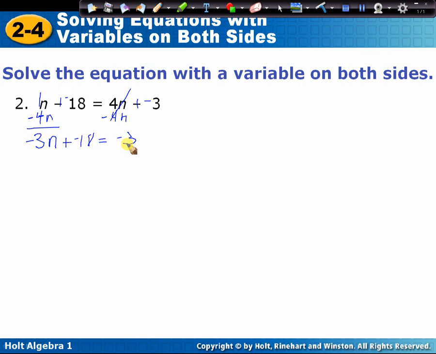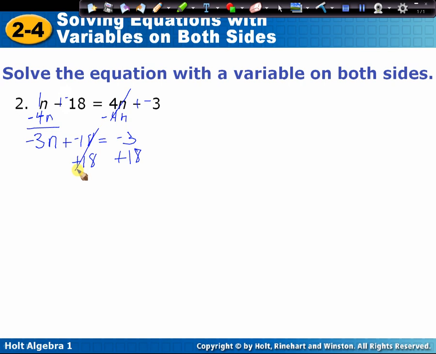All right, now going back to our steps, we no longer have variables on both sides, but we do have addition and subtraction. So we have to get our n by itself. The first thing we need to do is get rid of this negative 18 on this side of the problem, and we have to move it over to the other side. We have to make it equal 0. We're going to do that by adding 18 on both sides.